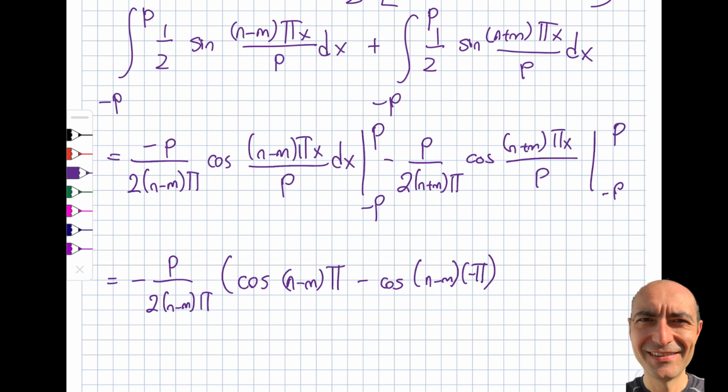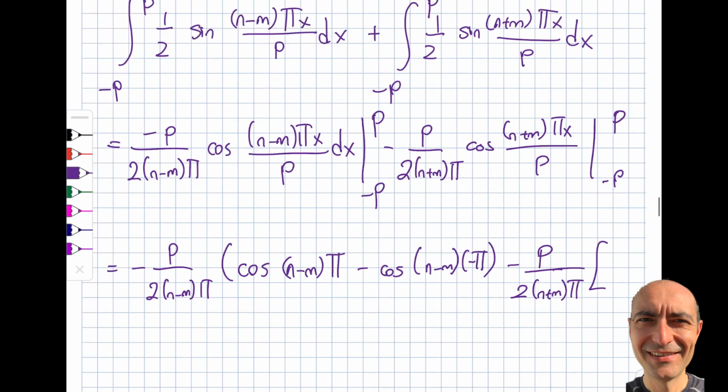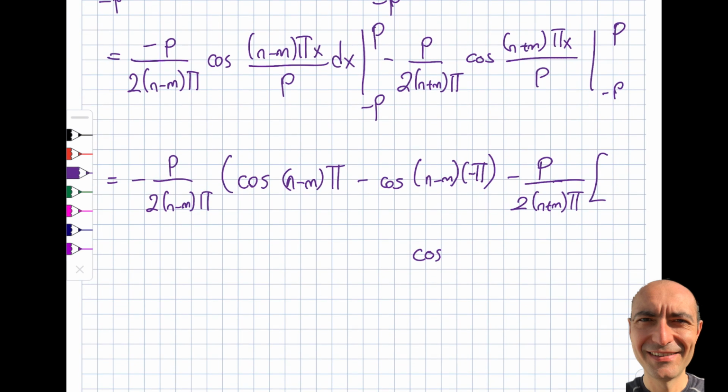That's what I get. Okay, and the second term will be now minus p, exactly the same thing, but this time around it's (n plus m) pi, and then in brackets, let's go to the next line, so it's going to be cosine of (n plus m) pi minus cosine of (n plus m) minus pi. Okay, this bracket is closed.